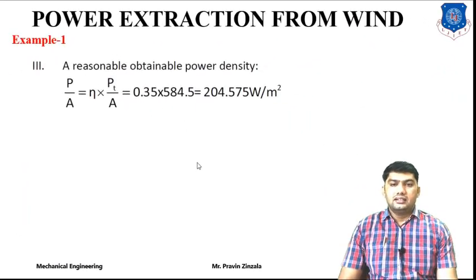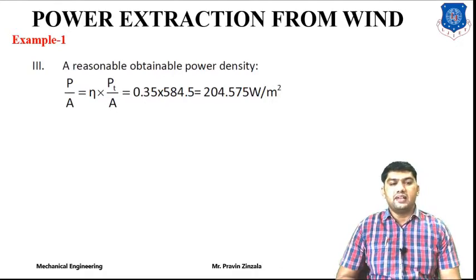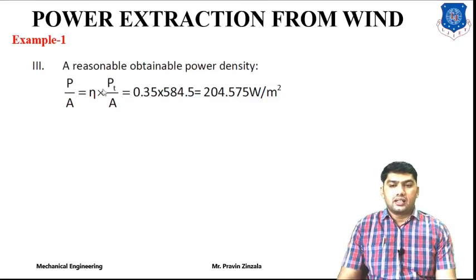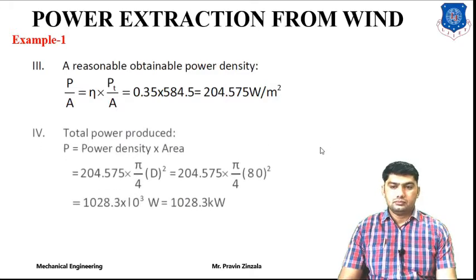Third is reasonable obtainable power density, means efficiency is given. So we multiply by the efficiency to get the actual or reasonable power. Here, total power density into efficiency. Efficiency is given 35%, means 0.35 into total power density. So this is the reasonable power density, 204.575 watt per meter square.